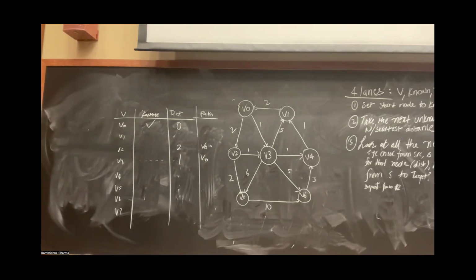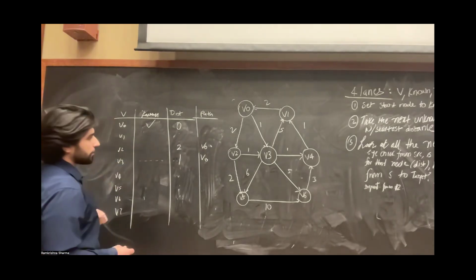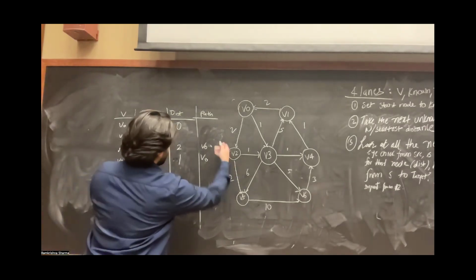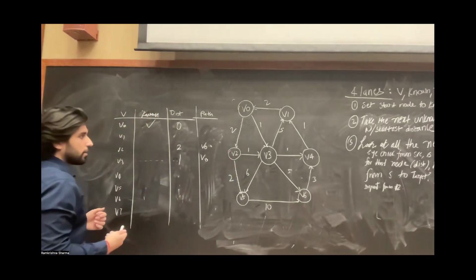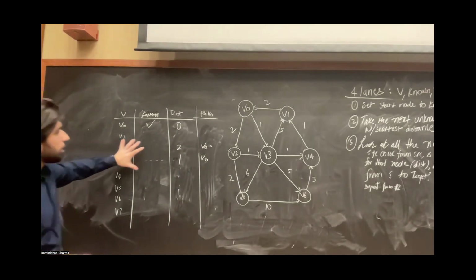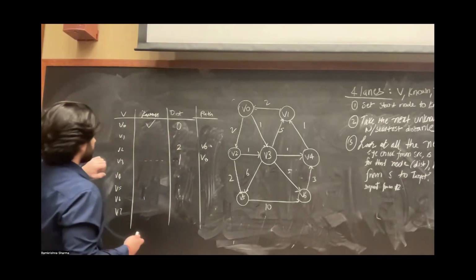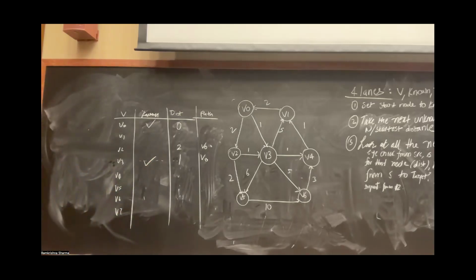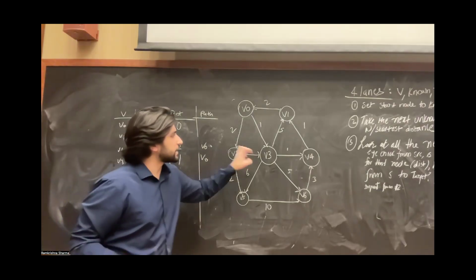As soon as you identify that, you mark it as known. In this case, between V2 and V3, which are recorded here, the next unknown node of shortest distance is V3. So we mark V3 as known. Right now, you're processing V3.